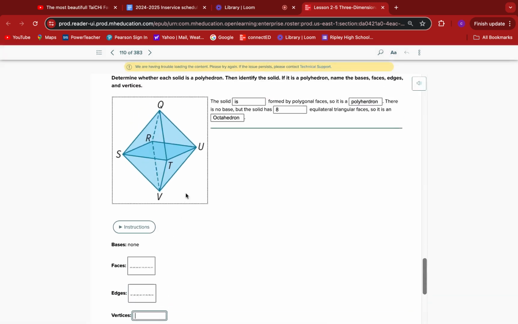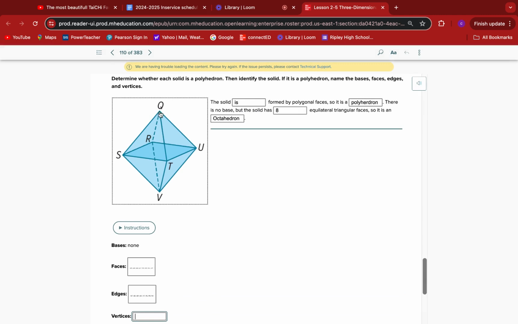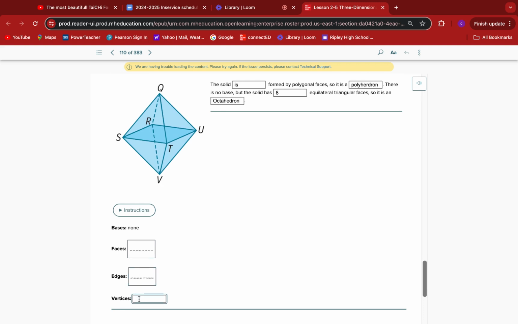And our vertices, Q, U, T, S, R, and V. Q, U, T, S, R, and V. 1, 2, 3, 4, 5, and 6.